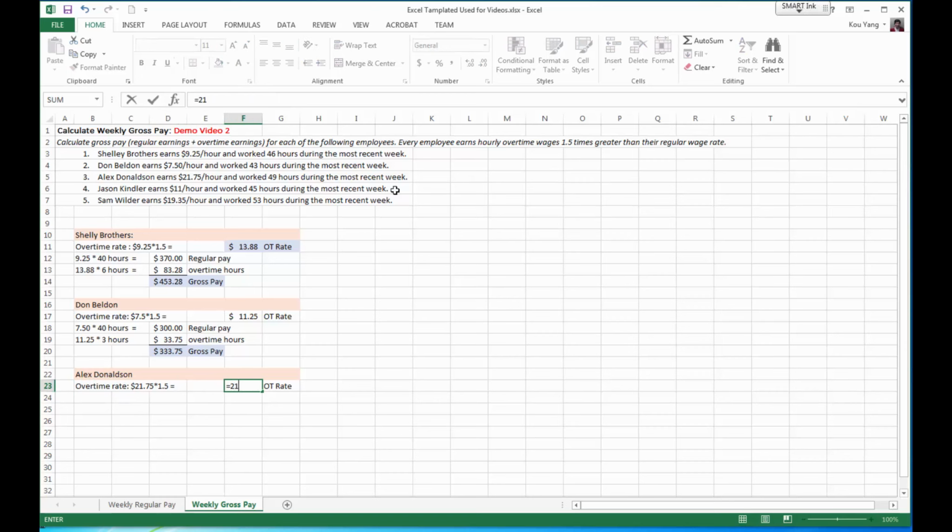If I take $21.75 times 1.5, the overtime rate for Alex would be $32.63. His regular pay is going to consist of the $21.75 times 40 hours, which is the regular hours.